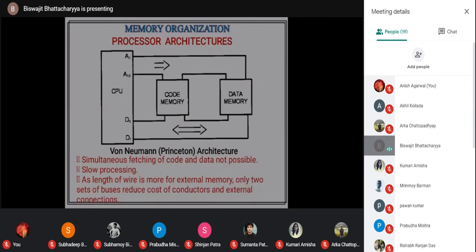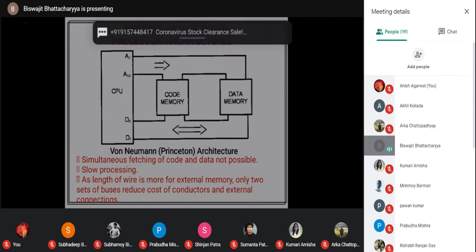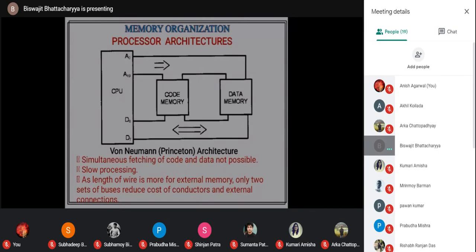Here, in this particular application, all the memories exist externally. They don't exist inside the microcontroller IC. And since the memories are external, the length of conductors in the buses is also more.